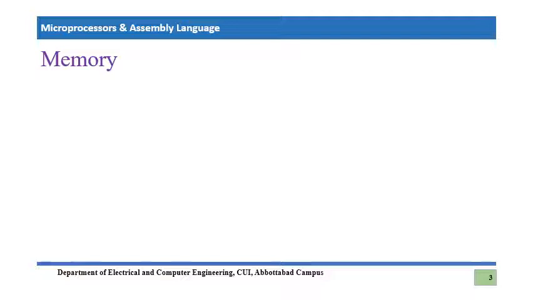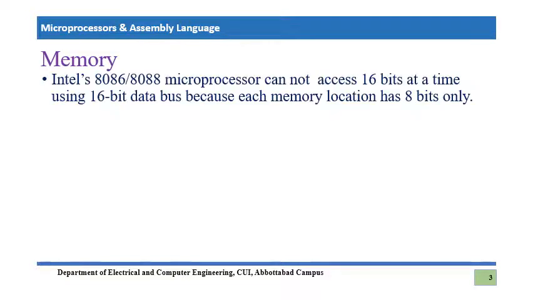The 8086 or 8088 microprocessor is a 16-bit microprocessor. That means only 16 bits of information can be processed by the processor in one machine cycle, or in simple words, only 2 bytes of information can be processed at once. Now let's look at the same fact from the memory point of view.